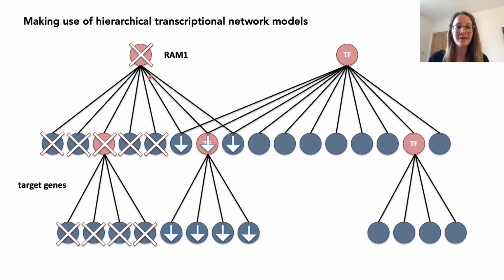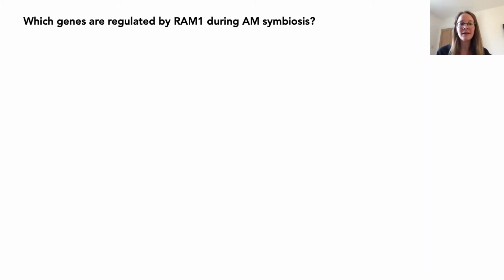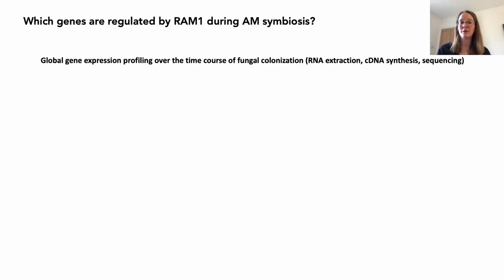Indeed, looking at the mutant and at wild type plants, I was looking for genes in this RAM1 mutant that were not expressed at all, because these could be potential target genes. To do that, I used techniques that you're learning during this course as well, in particular global gene expression profiling.